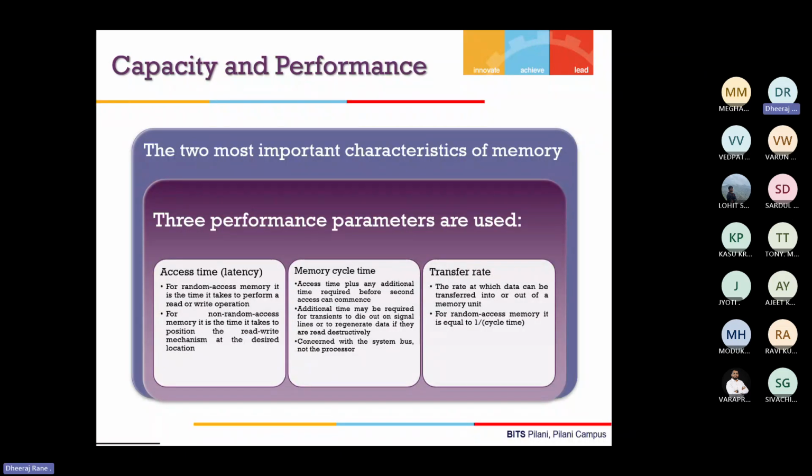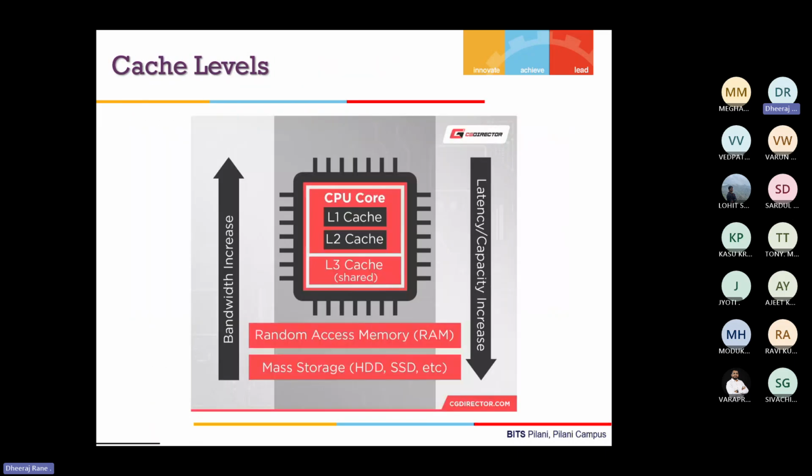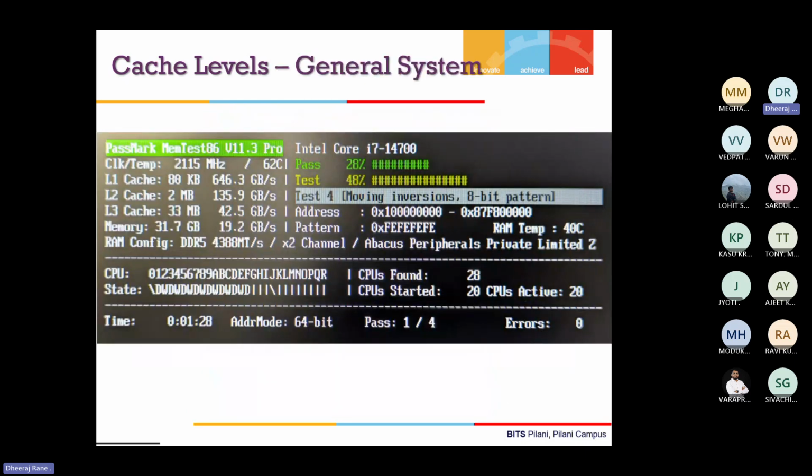This is in general corresponding to the memory, and we have seen a comparison with reference to the speed. So this is where we have left. Okay, so you can just have a look. So this is the general system corresponding to which we have taken the snapshot, and you can see the difference in speed with reference to the various caches.